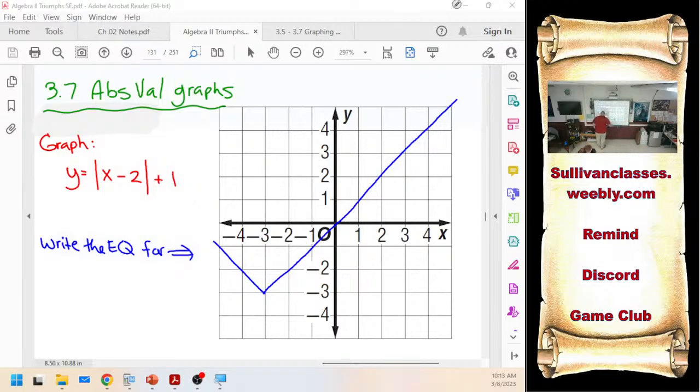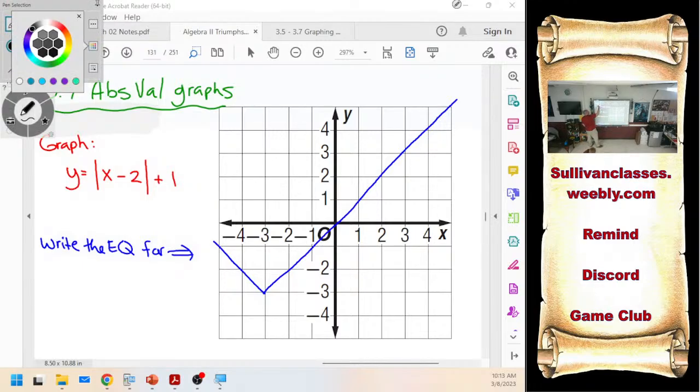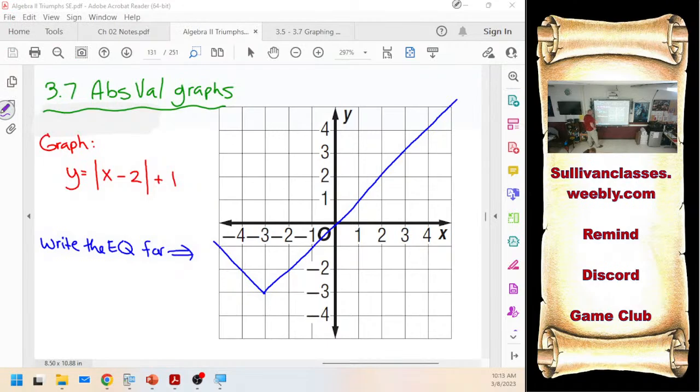I'll actually start with this guy since I got the graph right here. I see a V. Absolute value with x. I know I've got that much, right? Then, to get to this vertex, I went left 3, down 3. So left or right is where? Inside or outside the grouping?